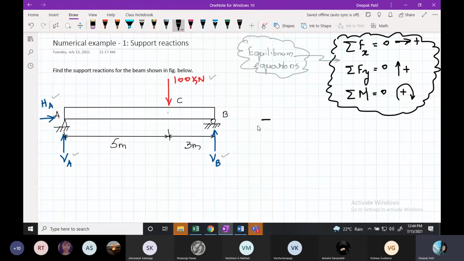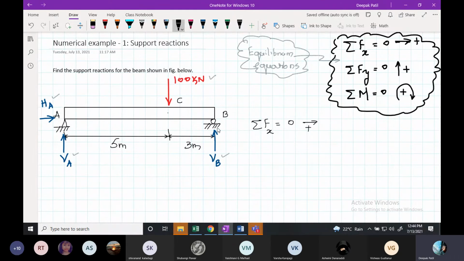Let us start with one thing. I will start by applying summation of Fx equal to 0. Sign convention is all the forces in this direction as positive.